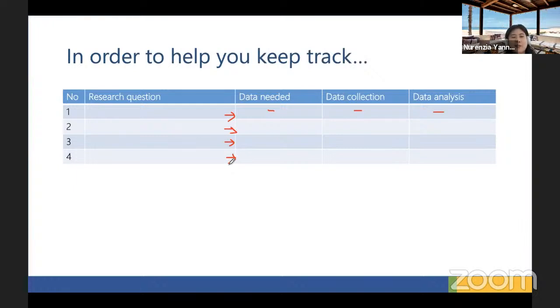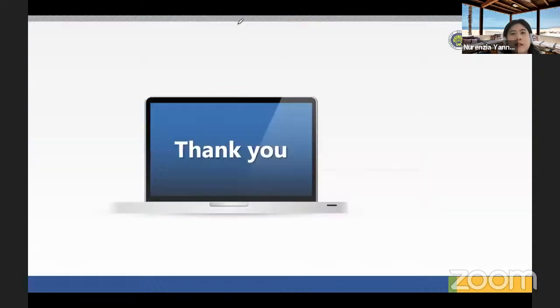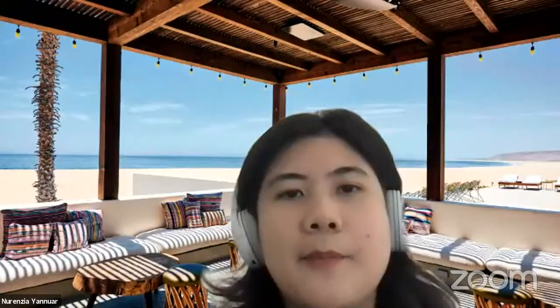Jadi research questions itu bukan semata-mata ditulis untuk memenuhi halaman aja ya, tapi you have to really use them to help you guide yourself in proceeding with the research gitu. Oke, ya. Sampai di sini materinya. Kalau ada pertanyaan silahkan.